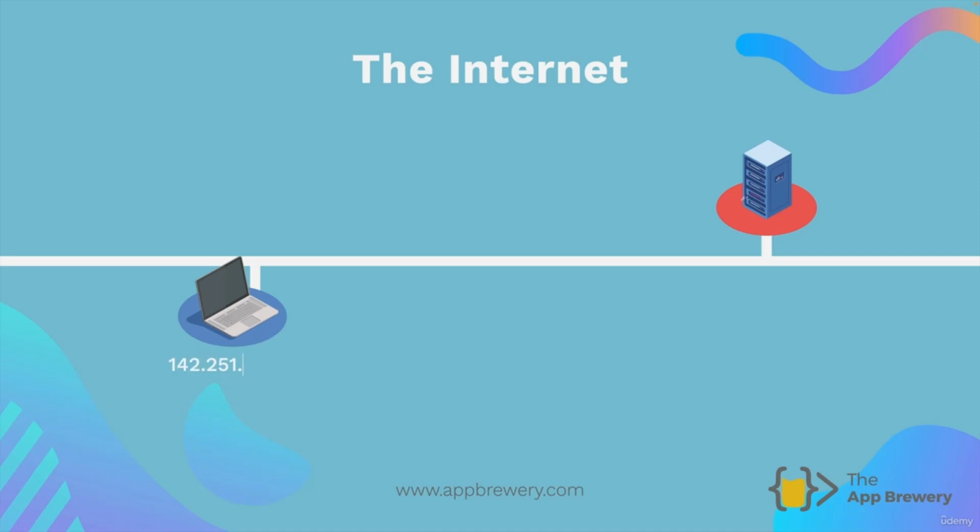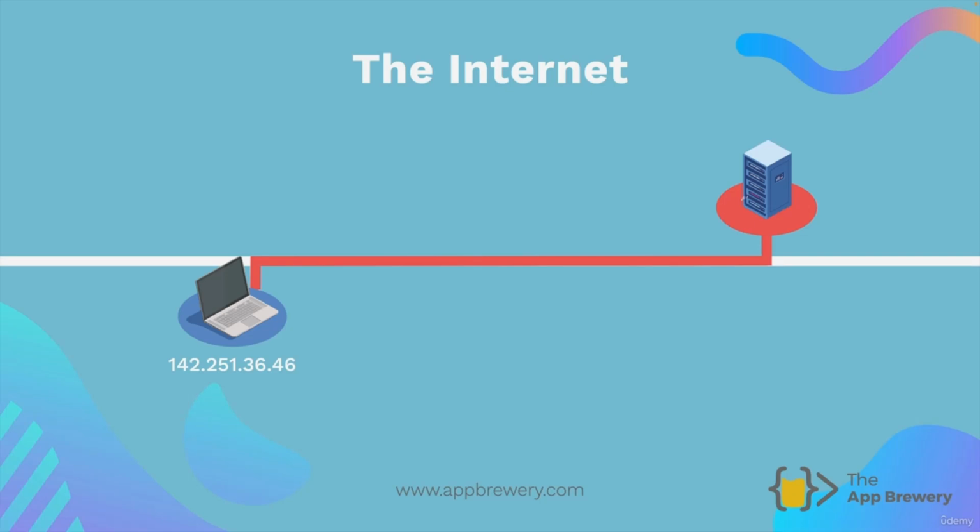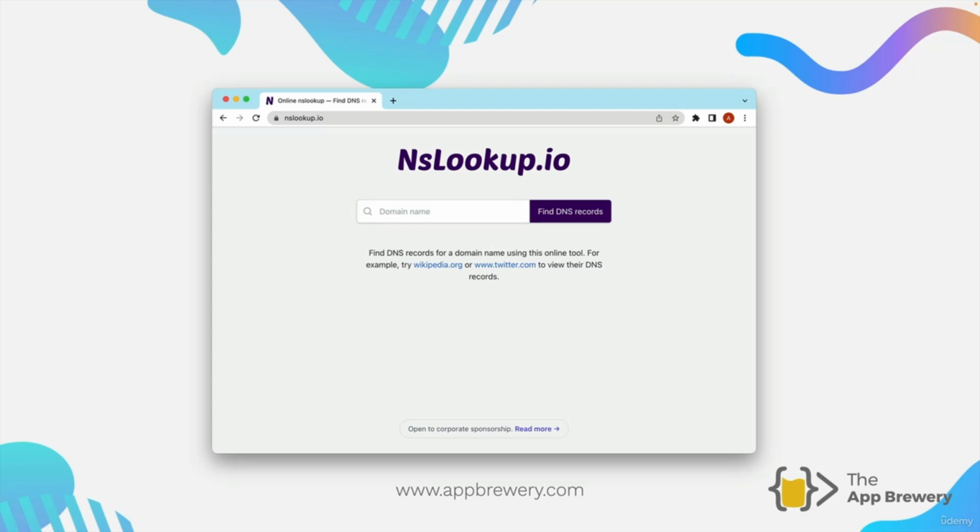Then you can make a direct request to that address. What lives at that IP address is, of course, the Google servers, and they'll be able to send you back all the files and data you need to view the Google homepage.